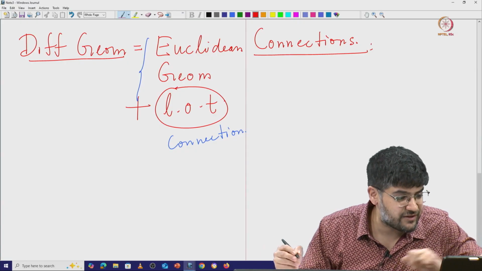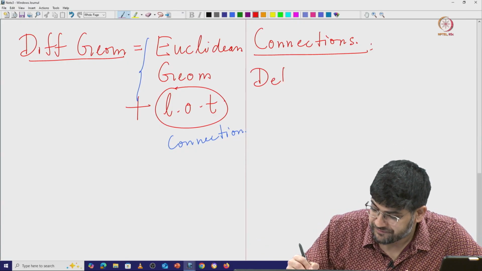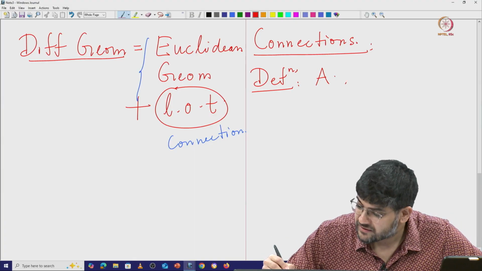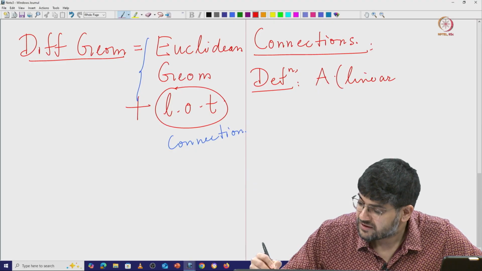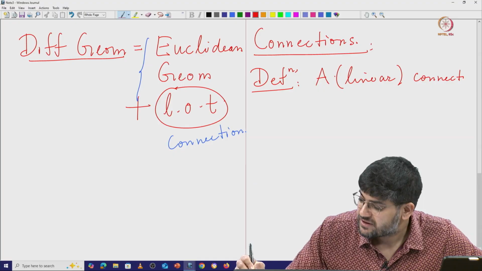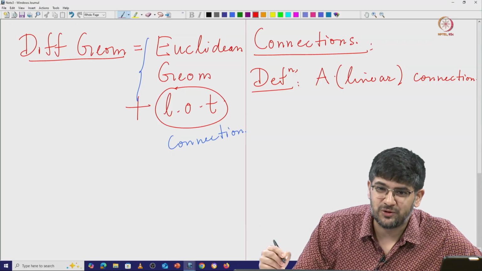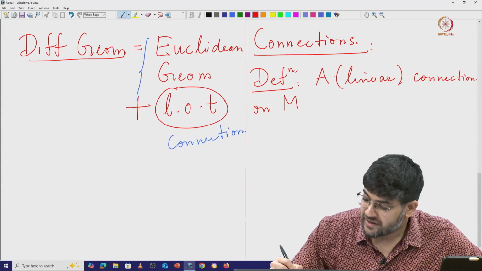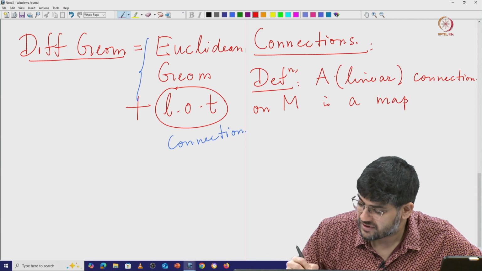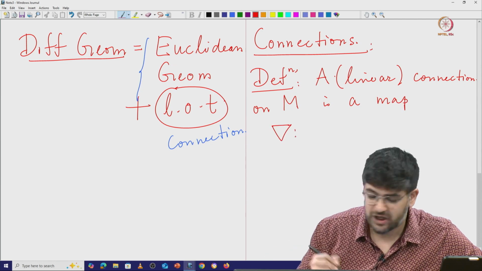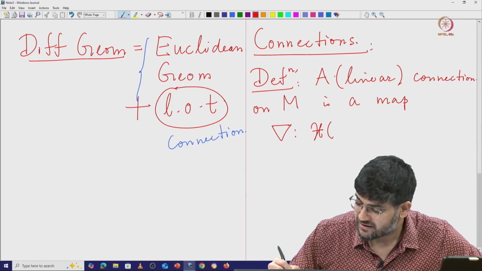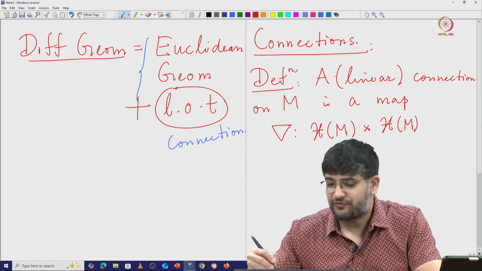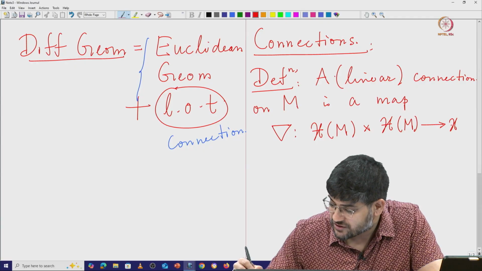So here's a definition. A linear connection on M. From now on I am not going to use the word linear. Whenever I say a connection, I just mean linear connection on M, is a map, usually denoted by nabla, from the space of vector fields cross itself into the space of vector fields.